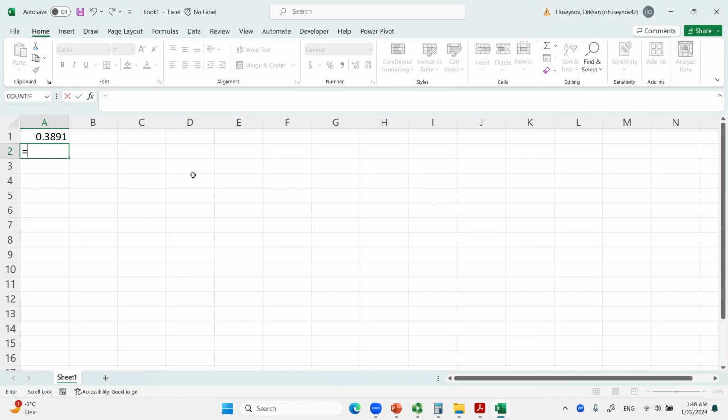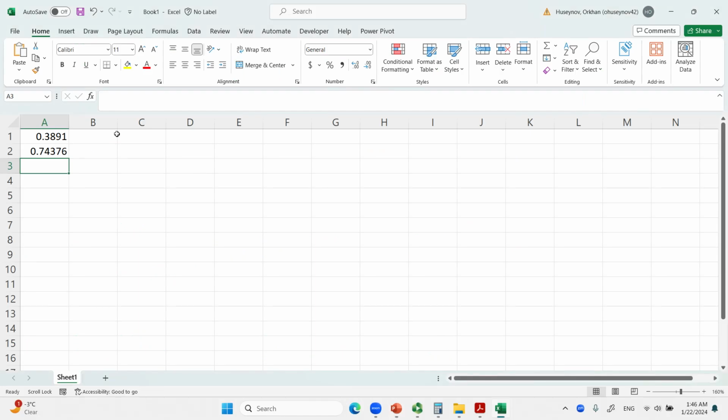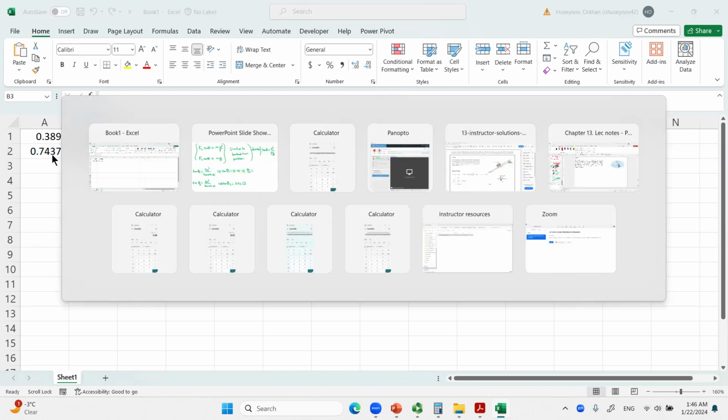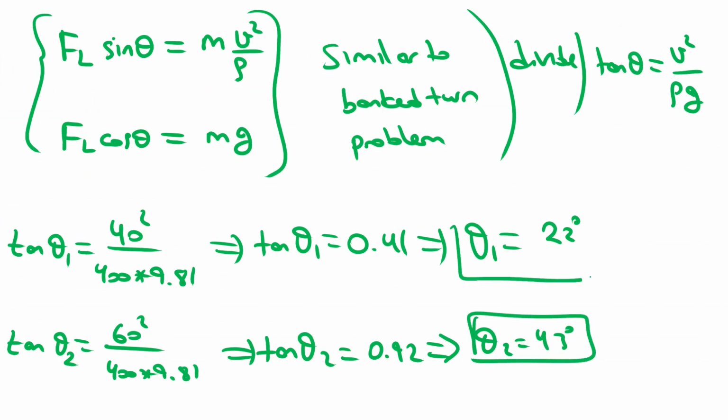So we have the arctan of 0.92. I need to convert this to degrees. The first one makes 22 degrees, and the second one makes 43 degrees.